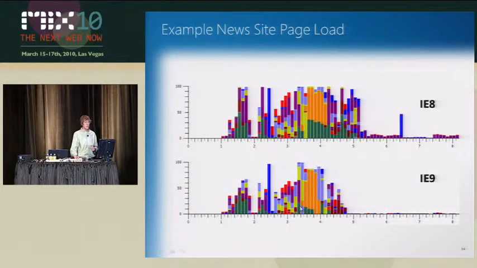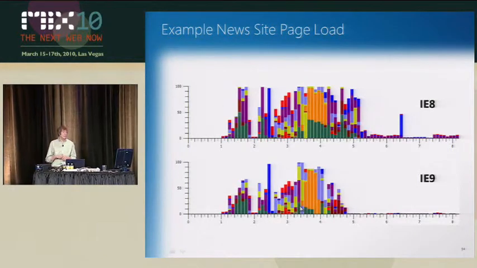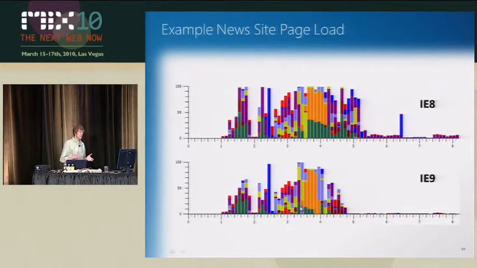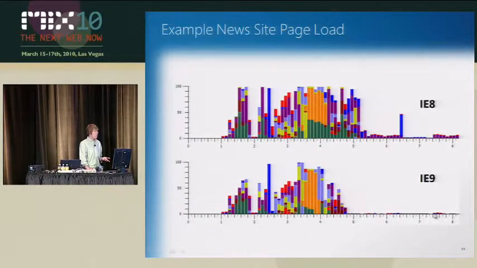You'll see that the page loads much quicker. The native JavaScript execution allows the script later on in the process to execute much more quickly. That's the green pieces down here. You'll also see that once the page is loaded, we no longer spend a bunch of CPU time updating the page like we did in Internet Explorer 8. That's the power of leveraging the GPU for graphics.